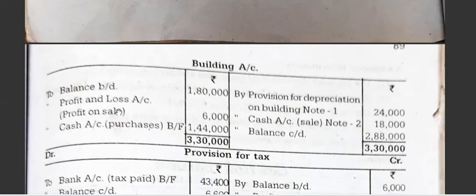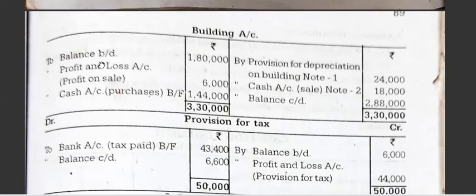The difference will be to cash, that is building purchase 1,44,000. This will go for the profit and loss account. This will go for the investing activities, and this also in the investing activities. Wherever it is to cash and by cash, it will go for the investing activity.